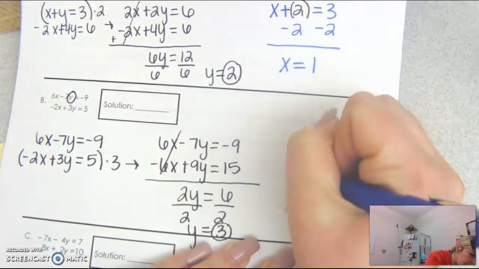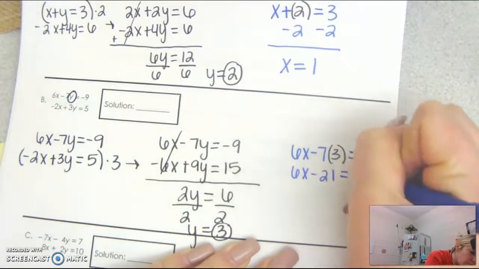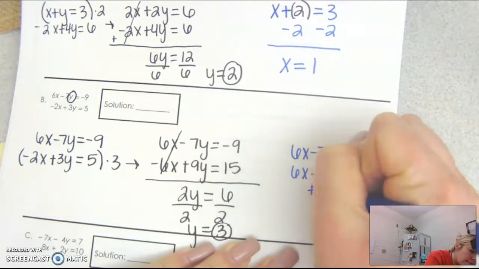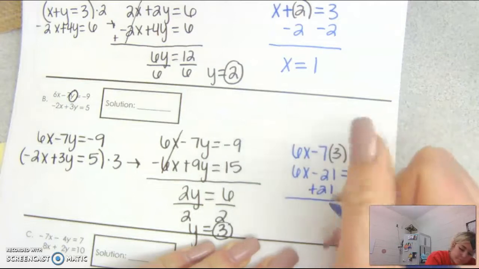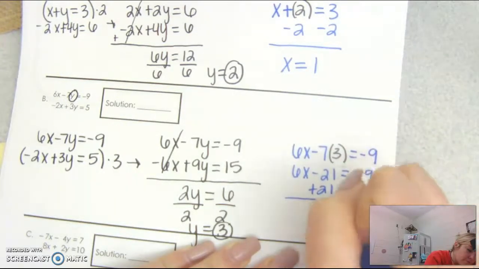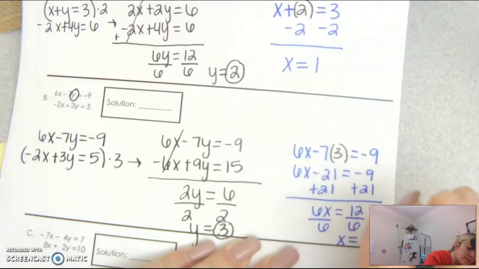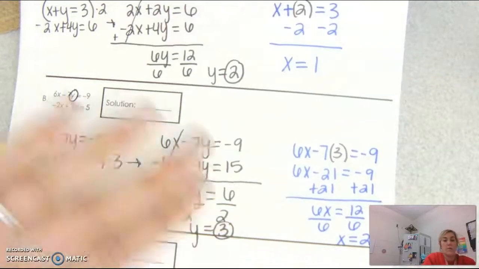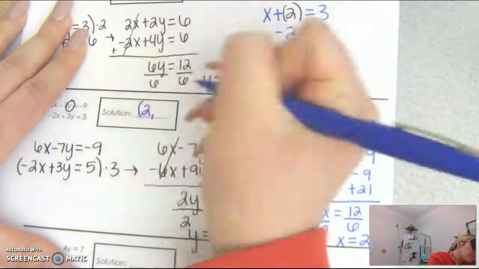So negative 7 times 3 is negative 21. Add. 6x equals 12. Divide both sides by 6, and x equals 2. So my solution will be (2, 3).